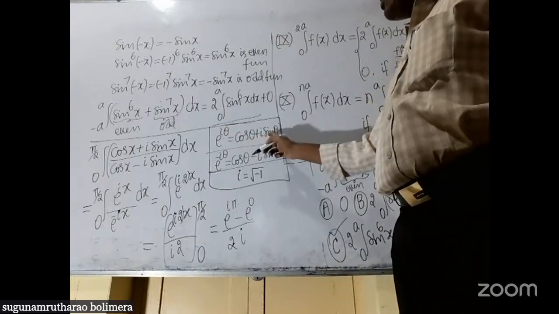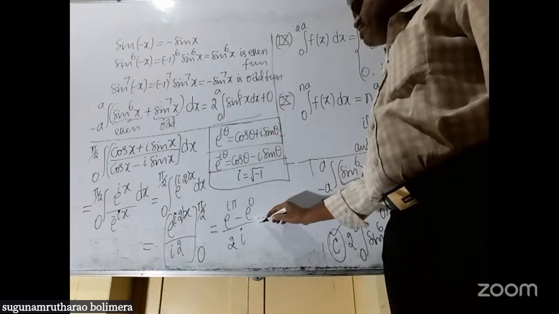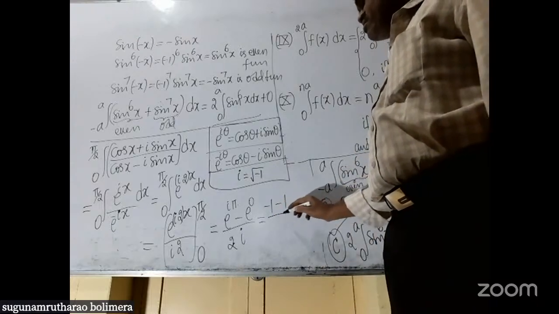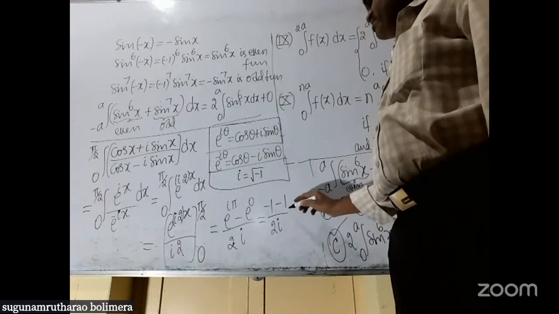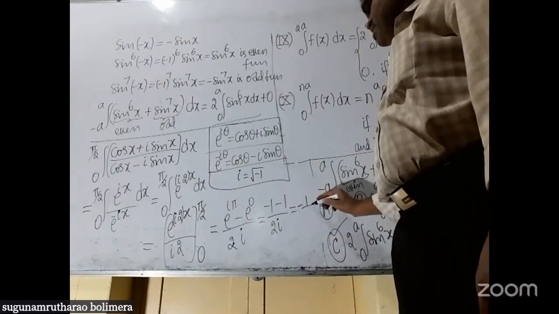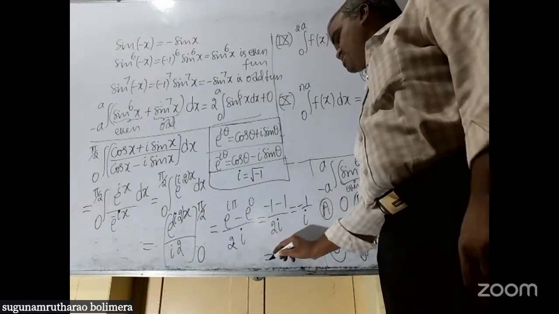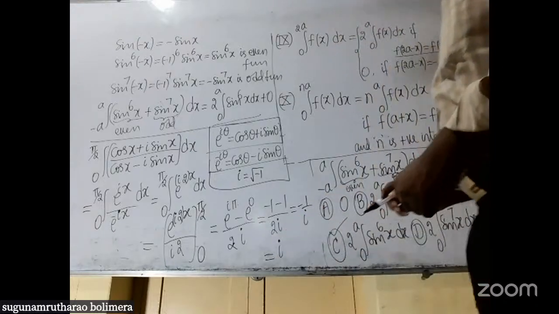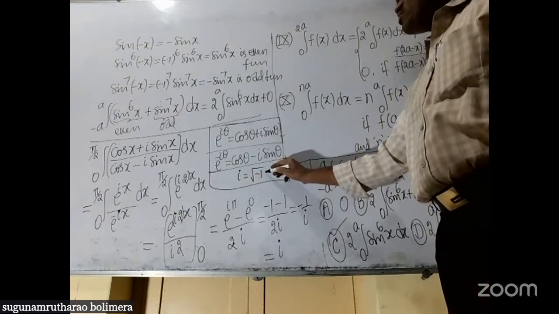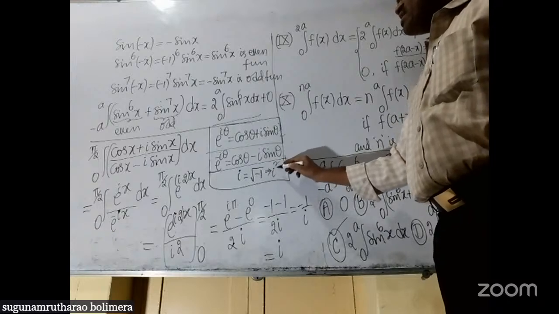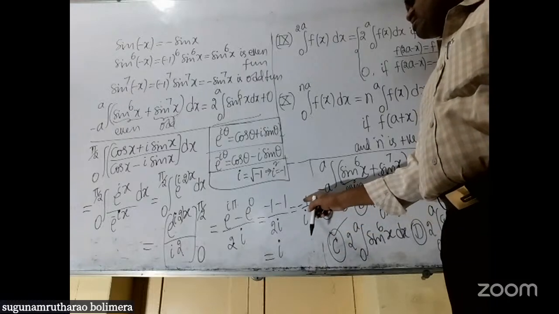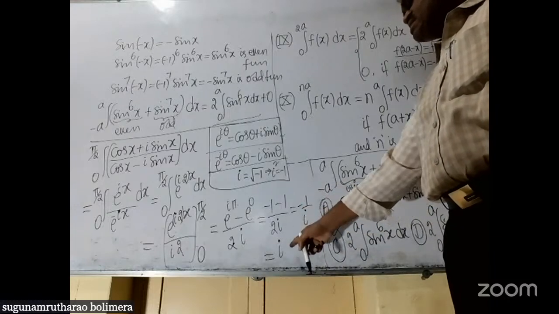Cos pi is minus 1, sin pi is 0, so this is minus 1. e power 0 is 1, so it is minus 1 minus 1 by 2i. So 2 gets cancelled, giving minus 1 by i, which is nothing but i. Since i square equals minus 1, if you write that minus 1 as i square, i is cancelled and I will get the answer.